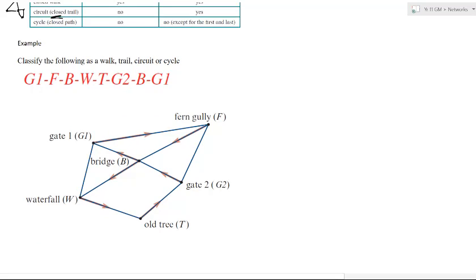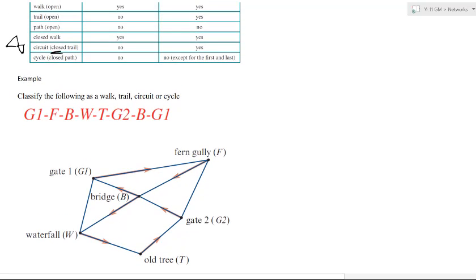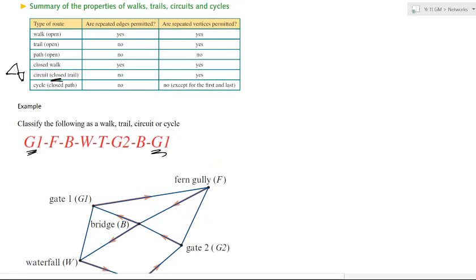Okay, so here's the example. Is the following a walk, trail, circuit, or cycle? The first thing we notice is that it goes from G1 to G1, so it starts and finishes at the same point. It looks like it's going to be a circuit or a cycle.